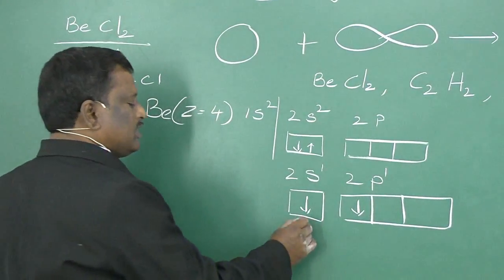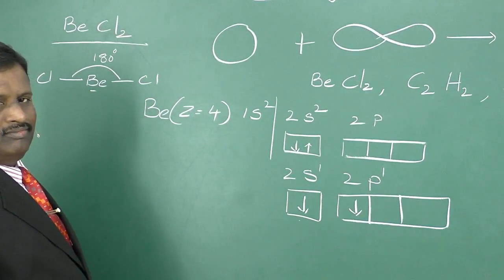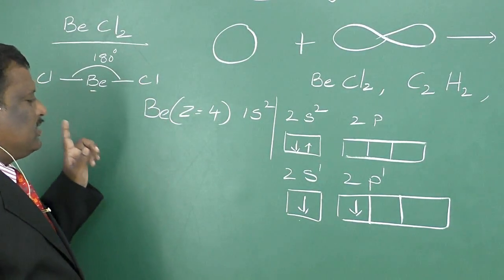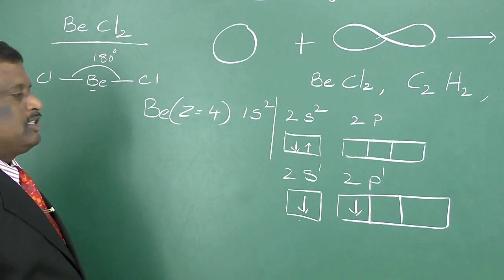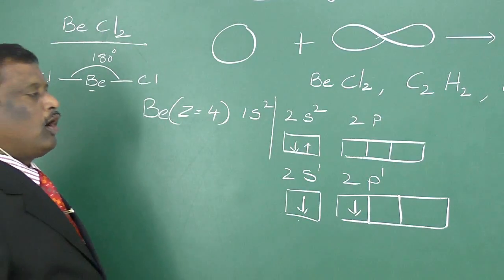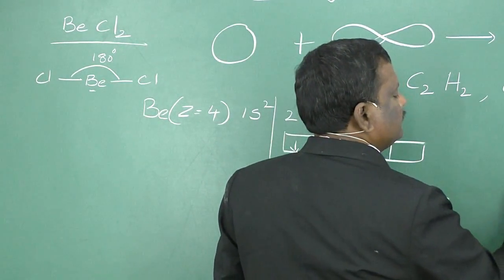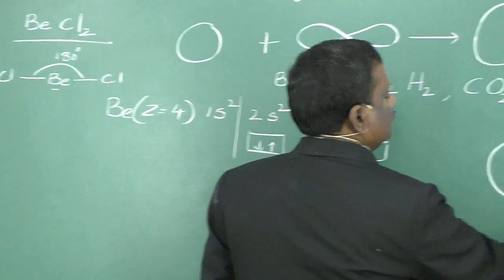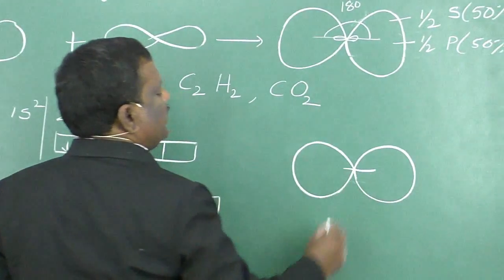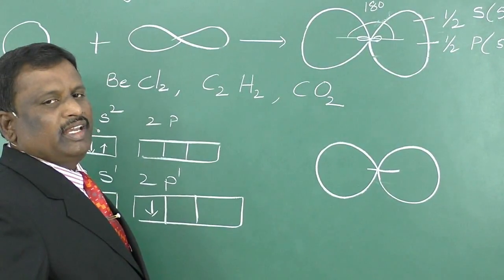Now the one 2s orbital and one 2p orbital, in the formation of this BeCl2 molecule, this beryllium will undergo Sp hybridization to form 2 Sp hybrid orbitals. These 2 Sp hybrid orbitals are in linear shape with an angle of 180 degrees.